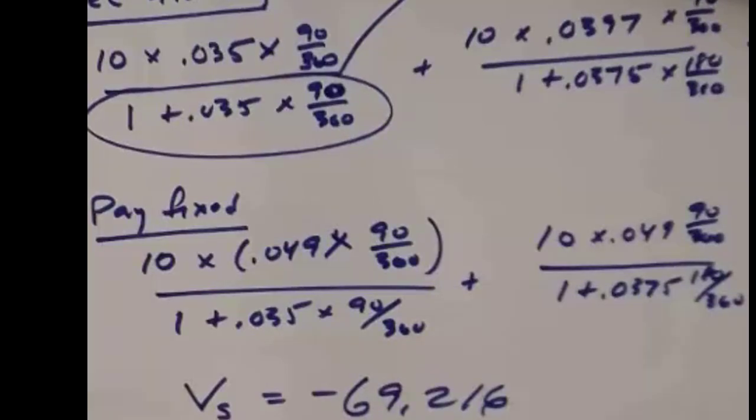Now, one of the things I need to let you know, and you can probably realize this, is that when it comes to a quiz or a test, there's no way you can do all these calculations on a test. You may be asked to do one particular calculation, like, what is the discount rate for this swap at this point, or what is the next cash flow for this swap.